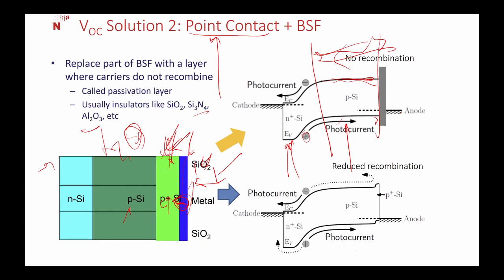There will be some resistance in this region, because this is p-type silicon. To decrease the resistance you can increase the doping, but again there will be other problems.